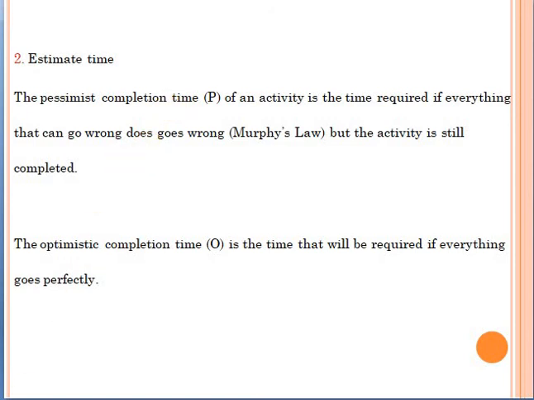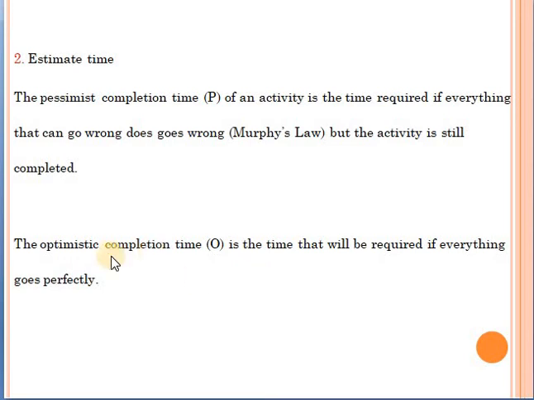activity is still completed. So this is when I'm very pessimistic and I expect that anything that can go wrong shall go wrong. Now, with respect to the optimistic completion time, I'm very optimistic and I will think that everything shall go perfectly.